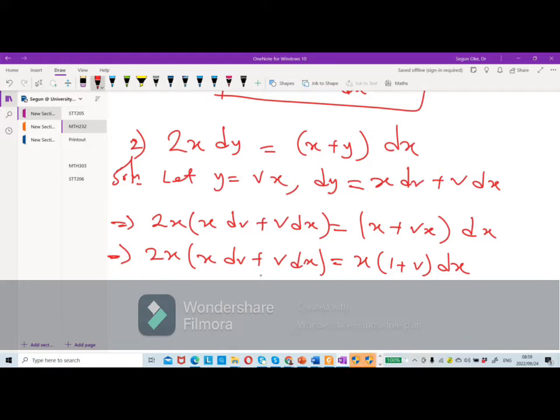You agree with me that I can cancel x here? So I have 2 into, I can now open the bracket, 2x dv plus 2v dx equals 1 plus v dx.